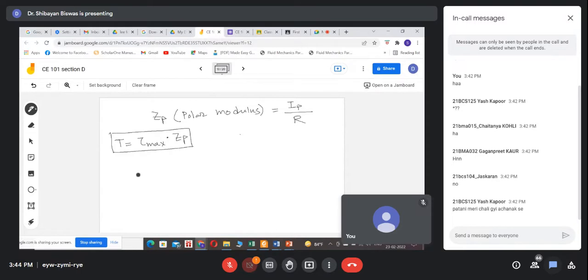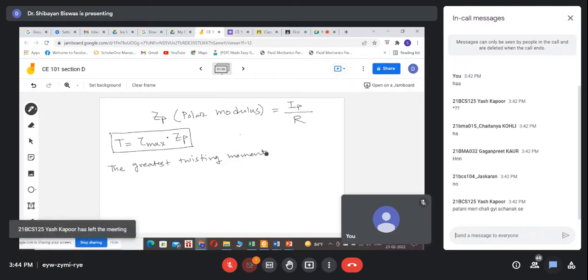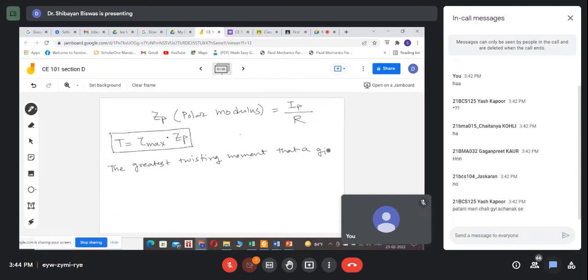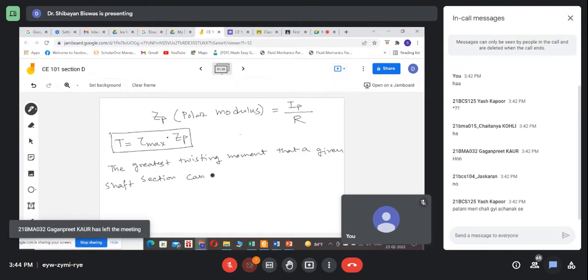So this equation can be expressed in words like this: the greatest twisting moment that a given shaft section can resist.